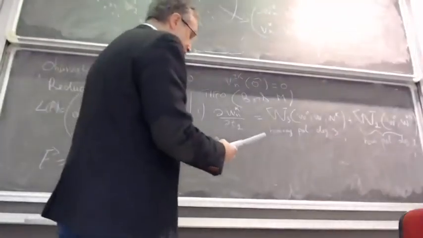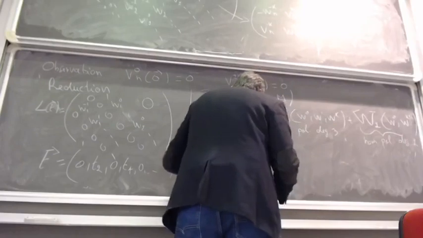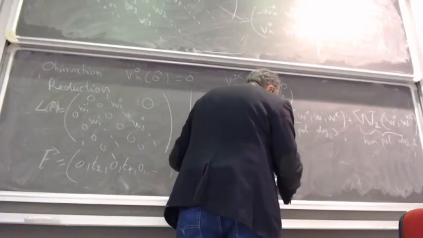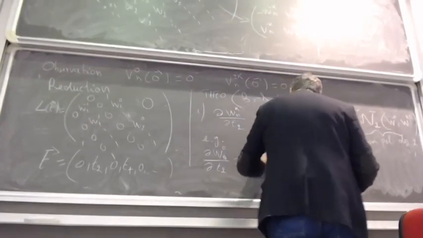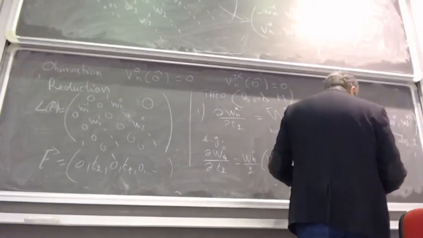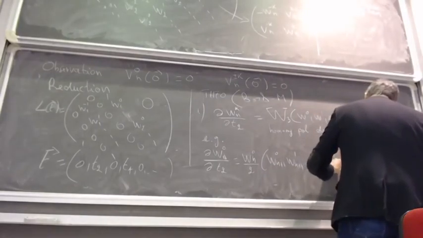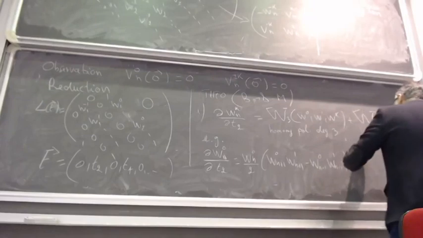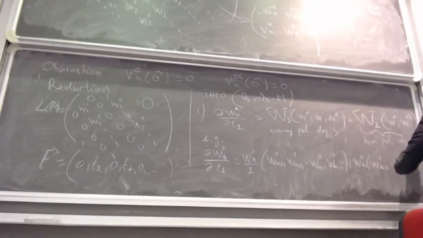Yeah, and for example, just to give you a clearer idea, the derivative of W0n. The first equation is W0n divided by 2 times W0, n plus 1, W1, n plus 1 minus W0, n minus 1, W1, n minus 1 plus W0n, W minus 1, n plus 1 minus W minus 1, 0.